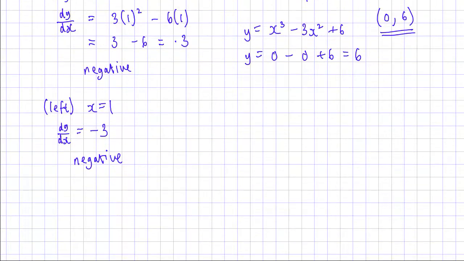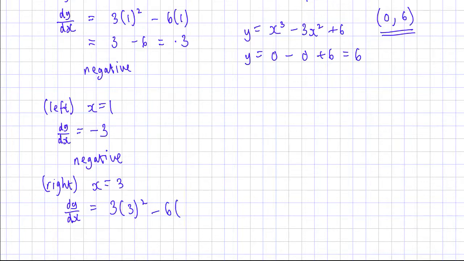And then we're going to go to the right, so to the right of x is equal to 2, that will be x is equal to 3. Let's find dy over dx, and that's equal to 3 times 3 squared, take away 6 times 3. This is 27 take away 18, which is equal to 9, and this is positive. So we have a positive gradient here.